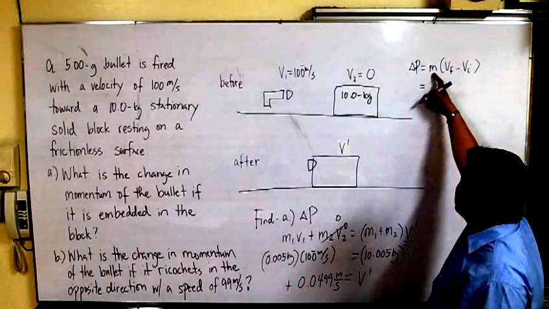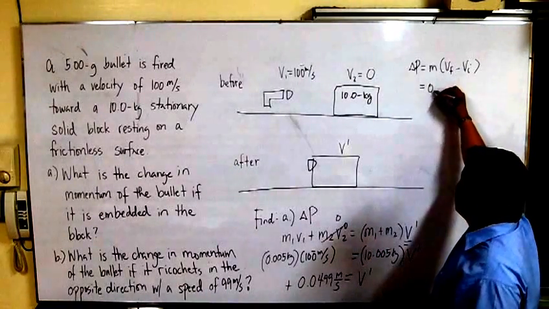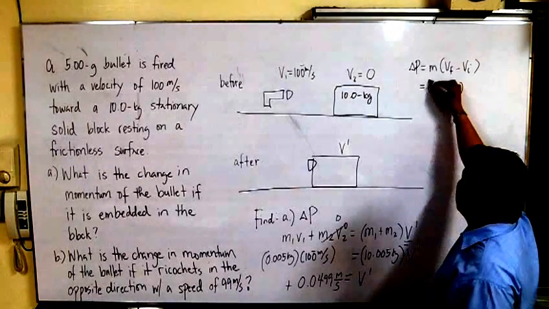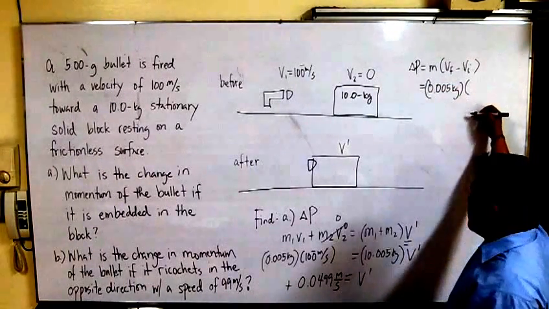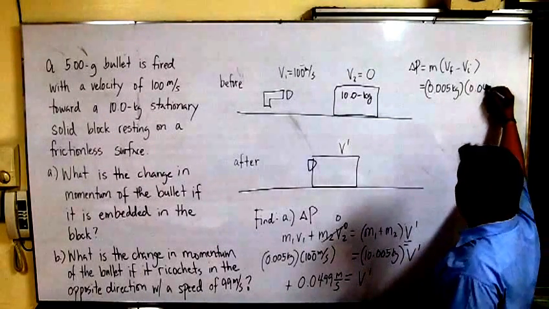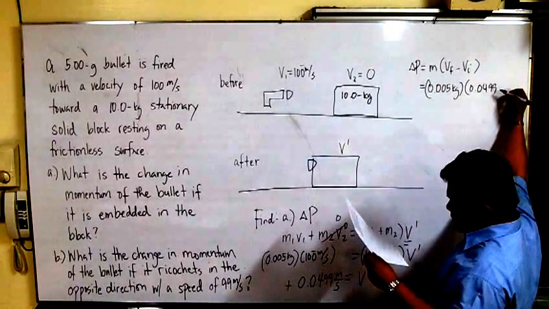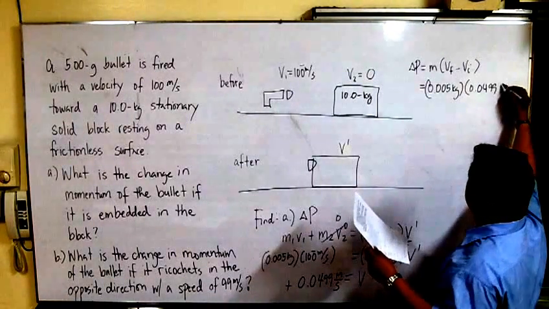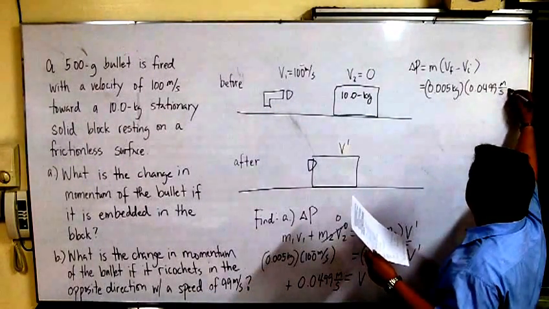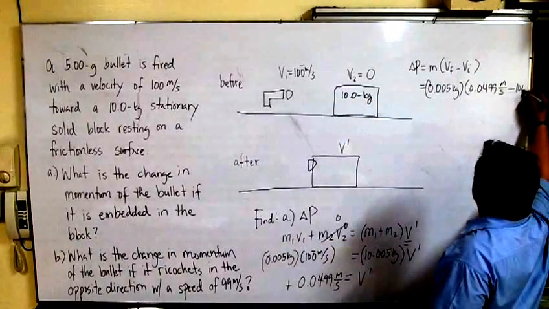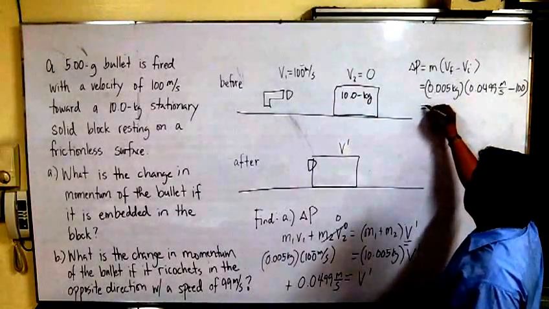So what we have to substitute here is the mass of the bullet, 0.005 kilogram, multiplied by the V final, which is 0.0499 meters per second, minus the V initial of the bullet, which is 100 meters per second.